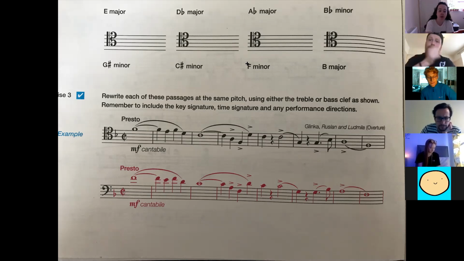So what's the first note that we have on this tenor clef at the top? What's the very first note there? F. It's an F, yeah. It's the F above middle C, because middle C is this line on tenor clef.